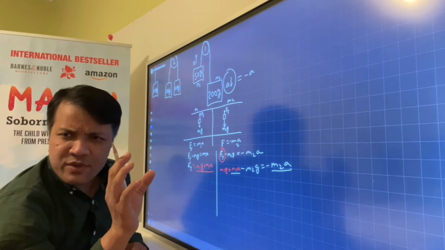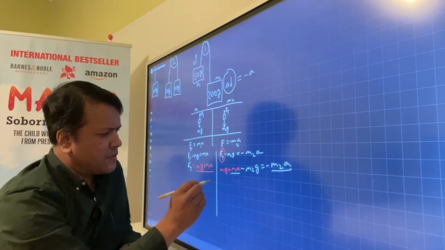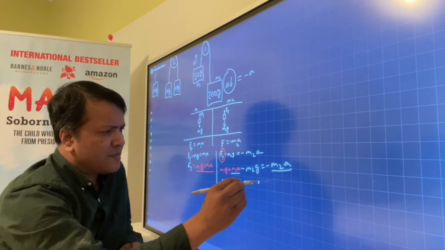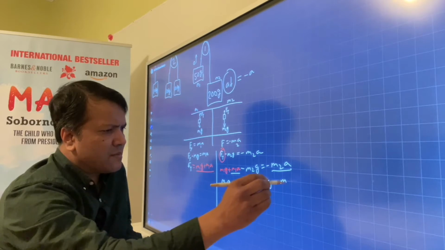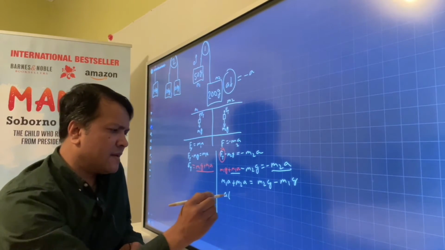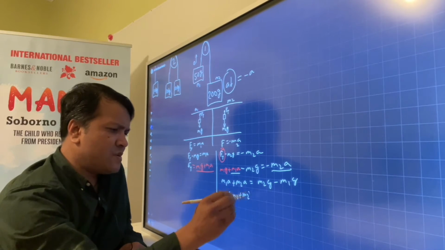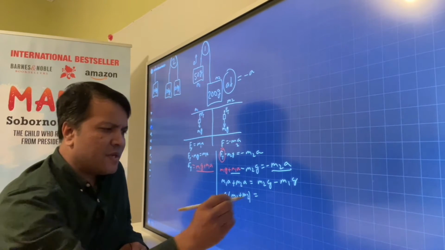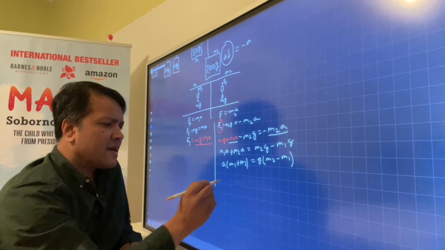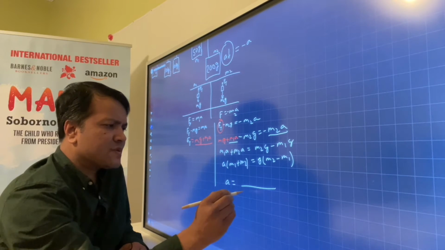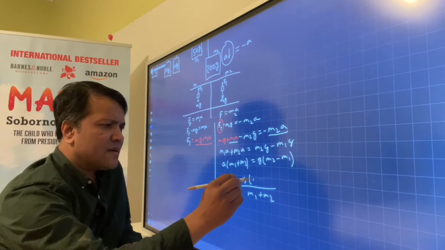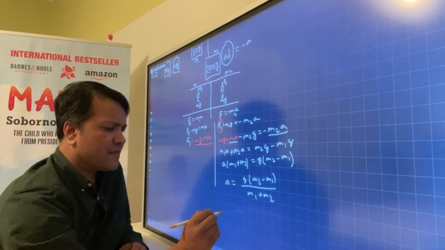Anything that has a with it being to the left side, so m1a plus m2a is equal to m2g minus m1g. Factor out the acceleration, m1 plus m2, factor out the g, m2 minus m1.